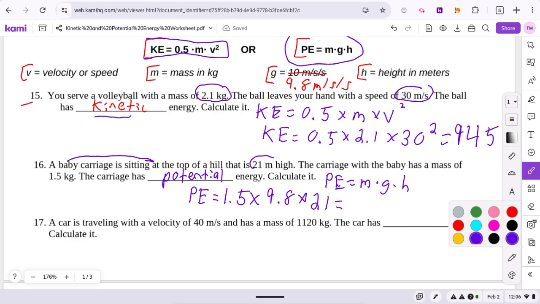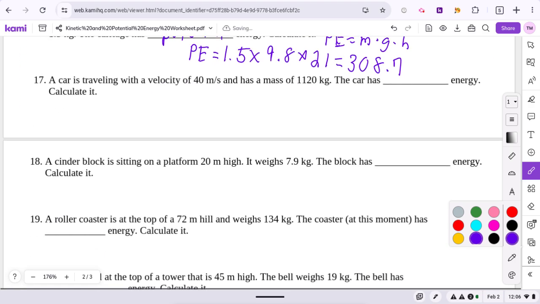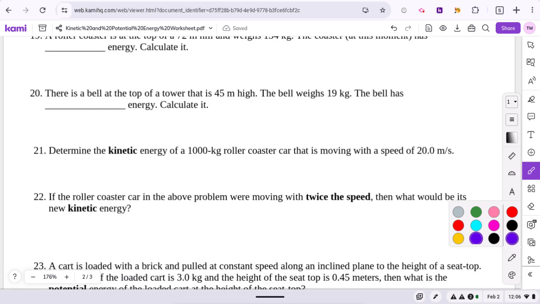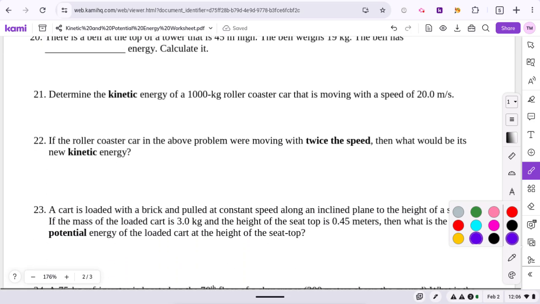So you would just multiply those all together. And if you put that in the calculator, you should get 308.7. Then do the same thing for the next few problems. Determine which type of energy it is, and then just plug the numbers in the equation.